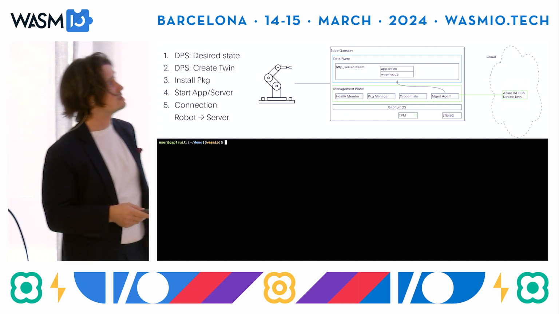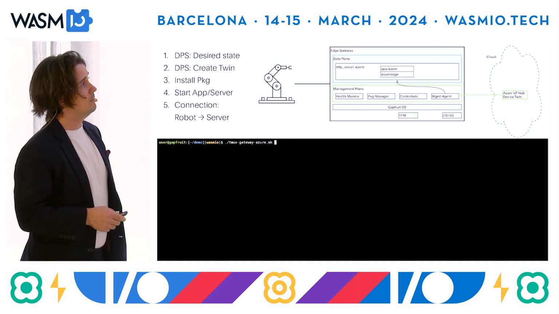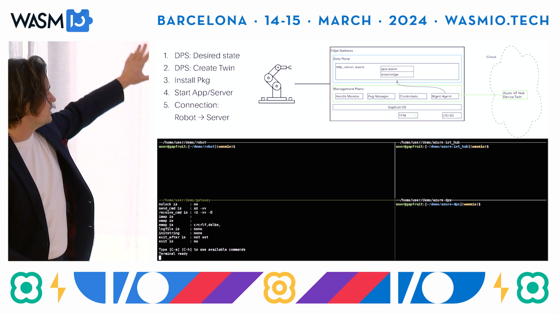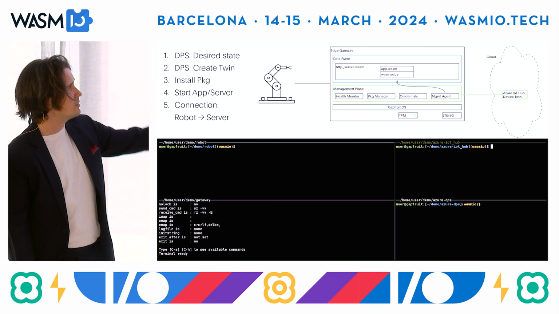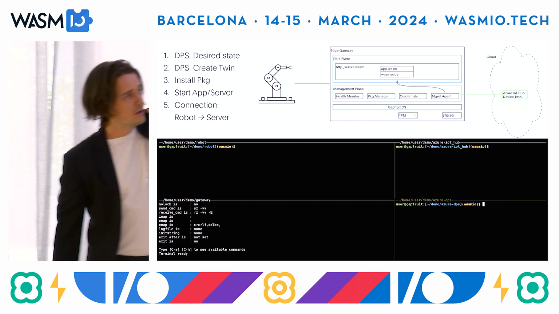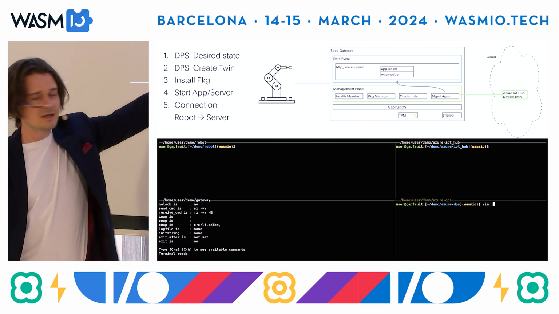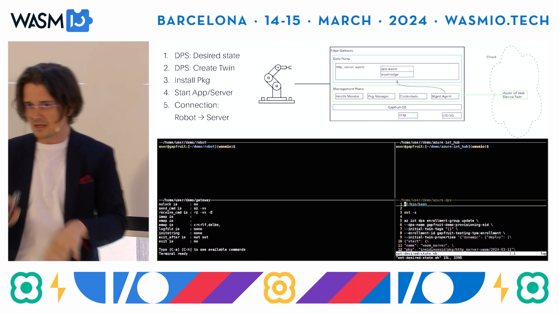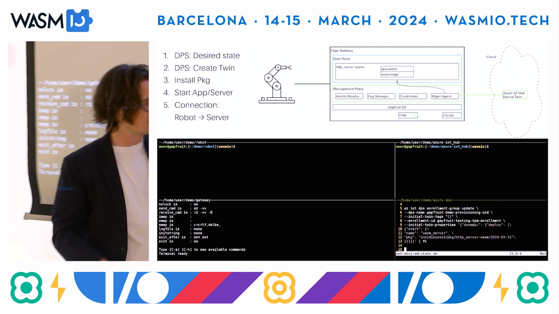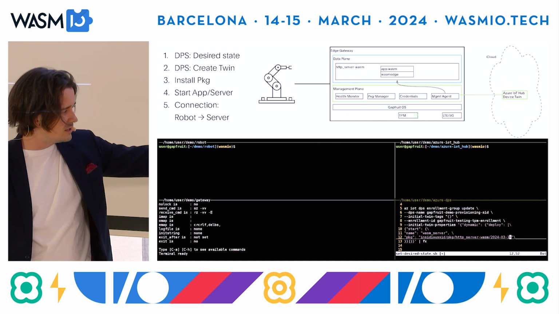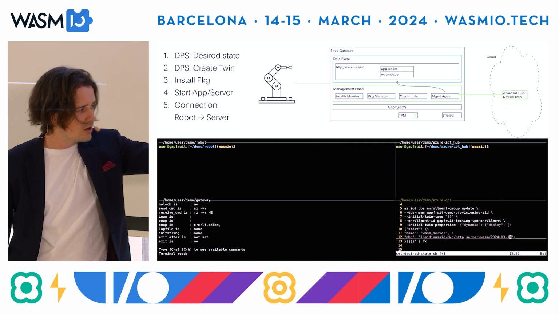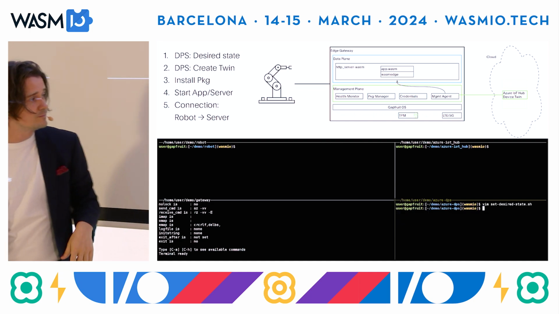All right, let's see how this looks. So on the left, we have the OT world with the gateway at the bottom and the robot on top. On the right, we have the Azure world, where I issue standard Azure CLI commands. And here I'm going to specify the initial desired state, which runs the Wasm server with that specific version.